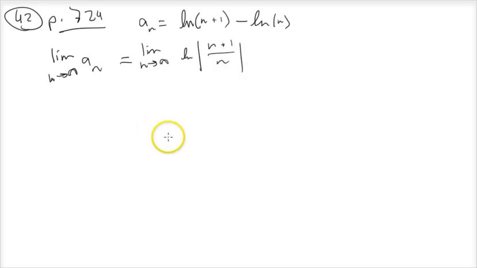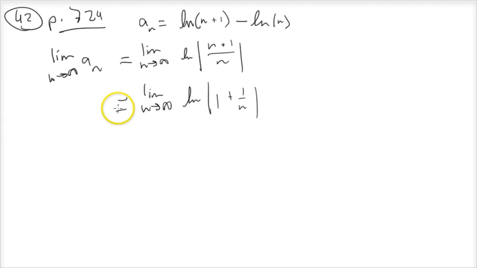Now, we can't quite do L'Hopital's rule because this argument is inside of a natural log, and we could do some reorganizing, but that's not really necessary. We don't really need to use L'Hopital's rule for this limit. So we can split up this fraction, and the n over n is going to become a 1 plus a 1 over n, and when we put our infinity in here, this 1 over n is going to approach 0 eventually.